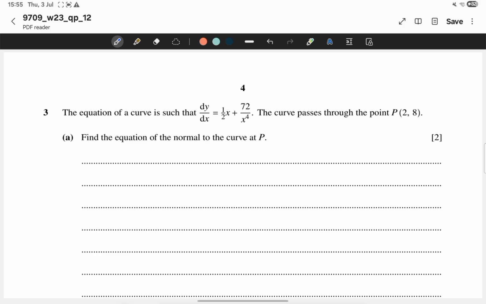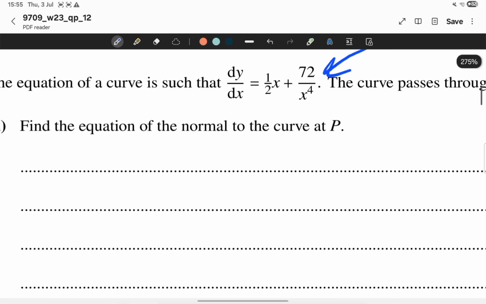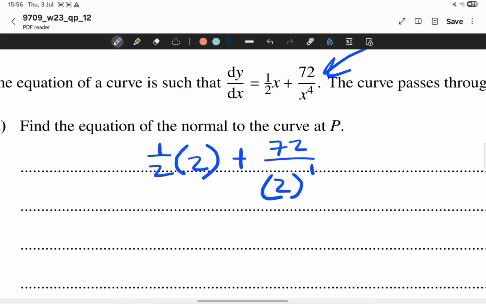Firstly, we start by finding the gradient at point P by substituting 2, our x value, into this dy/dx expression. Substituting 2, it will be half times 2, plus 72 over 2 to the power 4. If we punch this in our calculator, it goes down to 11/2.